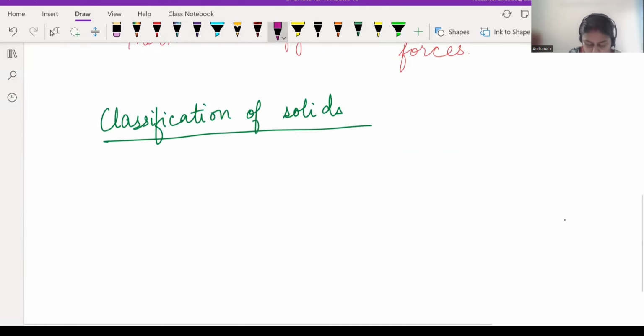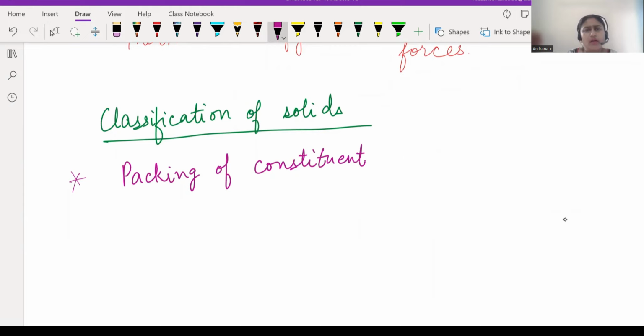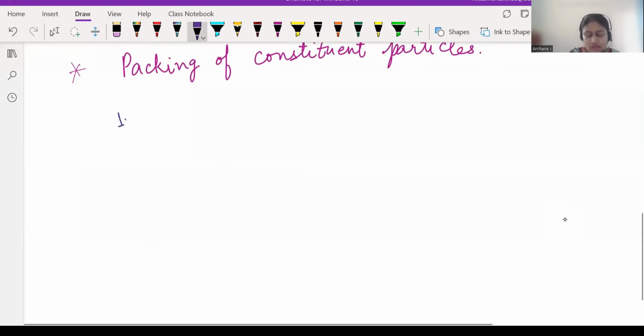First and foremost, they can be classified based on the packing of constituents. Like they can be comprised of various particles or they can be comprised of various molecules. So based on the packing of the constituent particles, they are classified into two types. One is crystalline solid and second is amorphous solid.